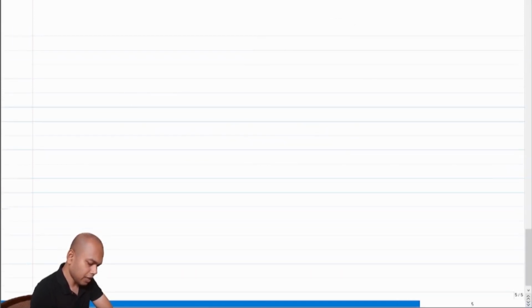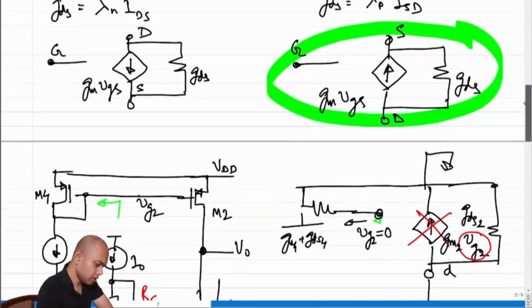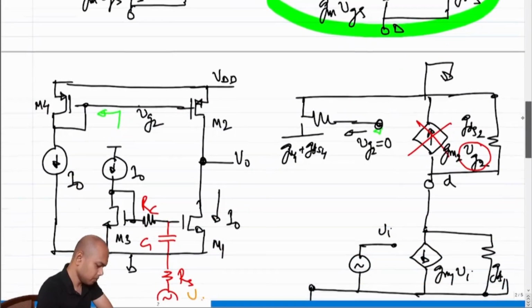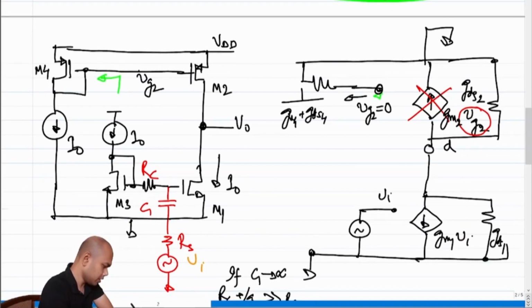Now if I have to find out, for example, the swing limits for this particular architecture, what should we do? Let's do that also. Let me copy this.